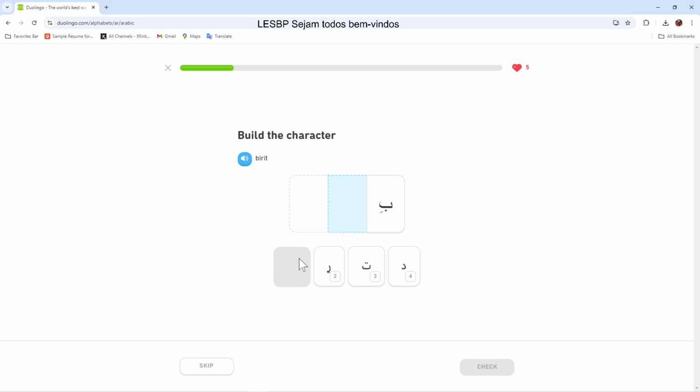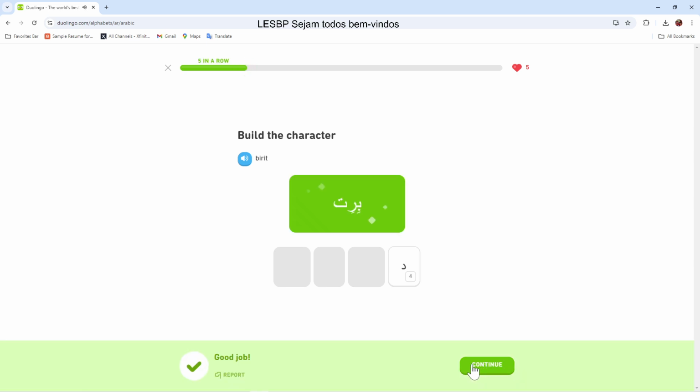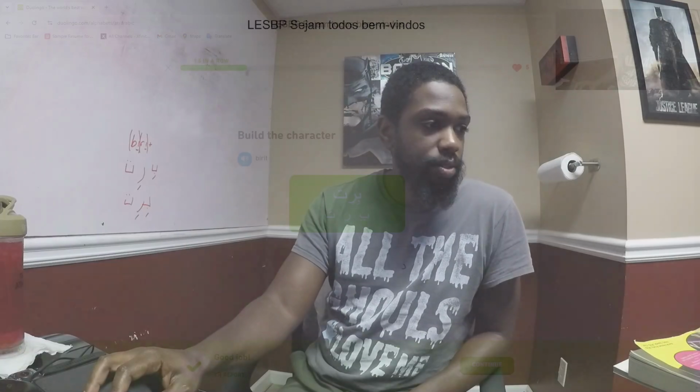So this is bi, b, all right, ri, and it should show us the combination. Sometimes that combination is wrong, but it should show us the combination in which the letters actually go together. Okay, so I was right. All right, so as you can see here, maybe I should show both screens in this case.